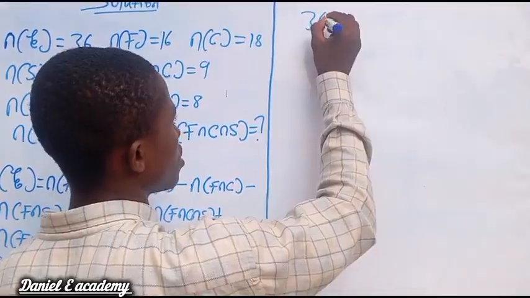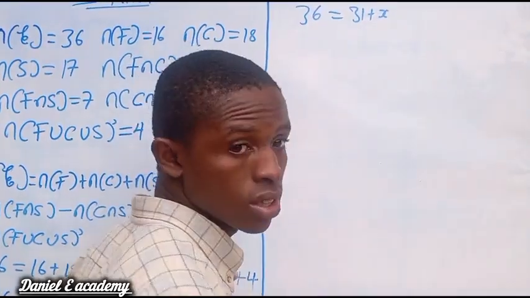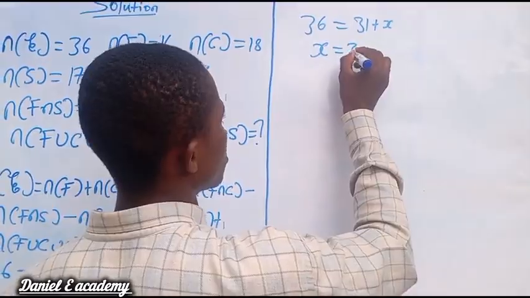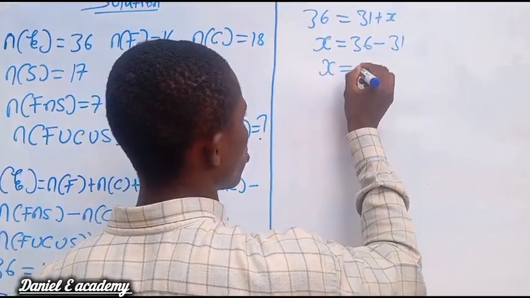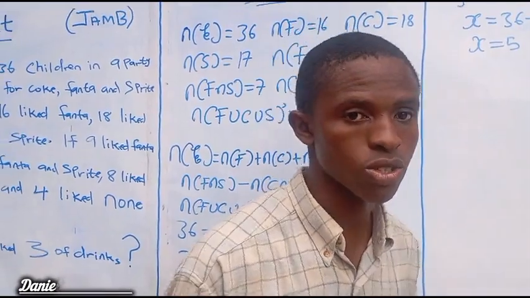So we have 36 equals 31 plus X. We can make X the subject, so X will be equal to 36 minus 31, and X is equal to 5. So we have solved this question.